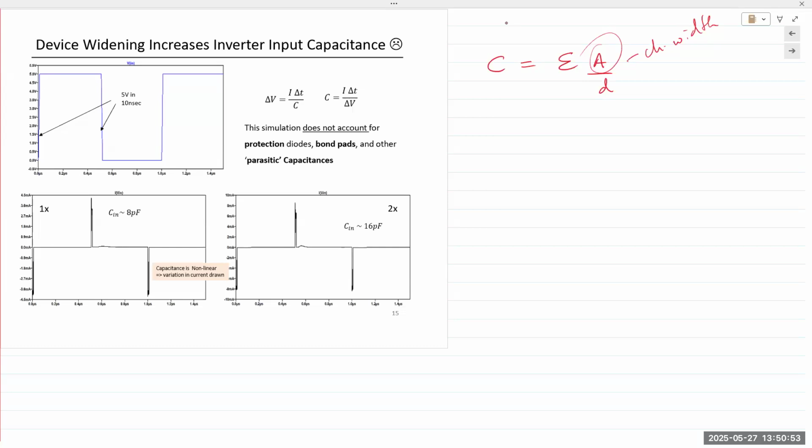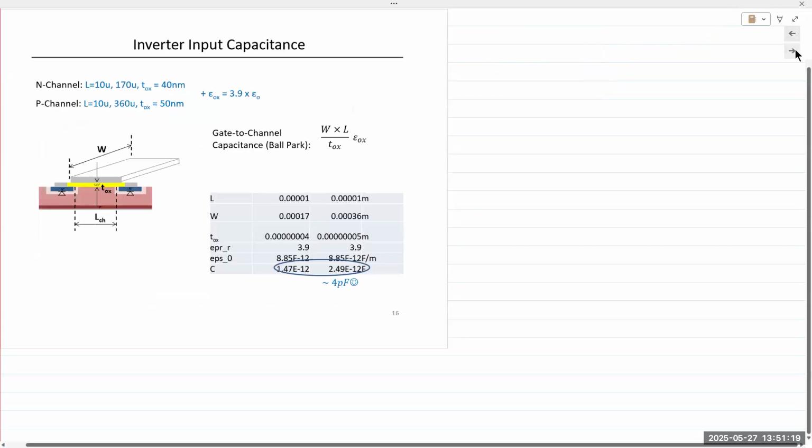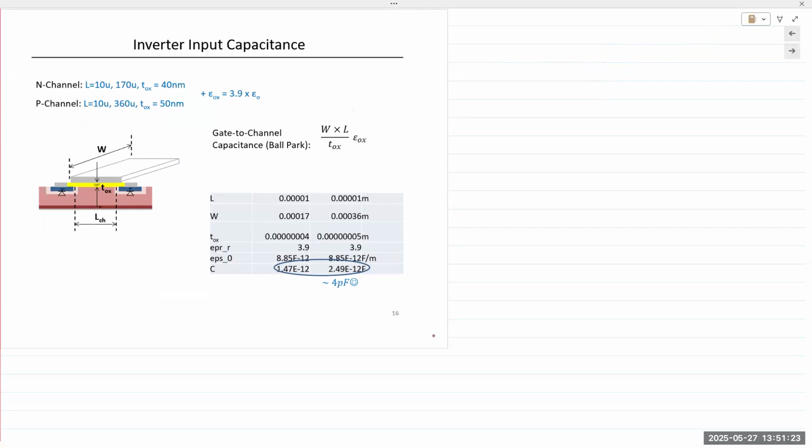Hence, it performs slower. The charging and discharging takes longer, so the switching between the states takes longer. So capacitance, whether it's high or low, is a trade-off. Higher capacitance has its pros and cons, and lower capacitance also has its pros and cons. Okay. And then inverter input capacitance. This carries on the theme that we just spoke about.